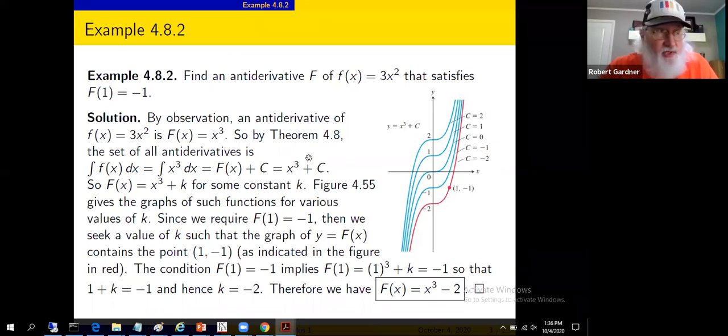It's the plus capital C part that's the vagueness. But they've given us additional information. And with that additional information, we can tie down what constant we should add. So there's a geometric approach to this idea. And the last 2 or 3 lines down here gives the way to algebraically translate that given information into information about finding the constant.